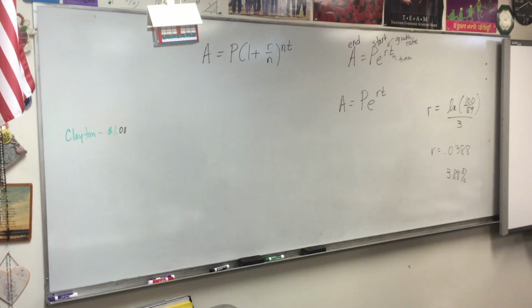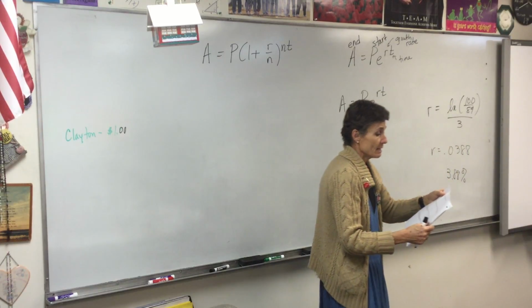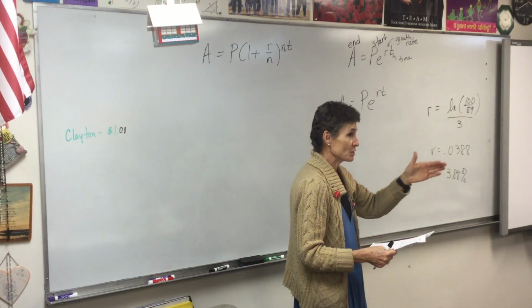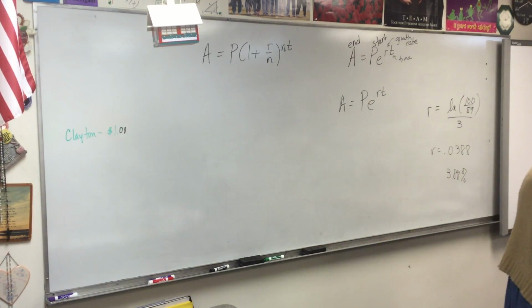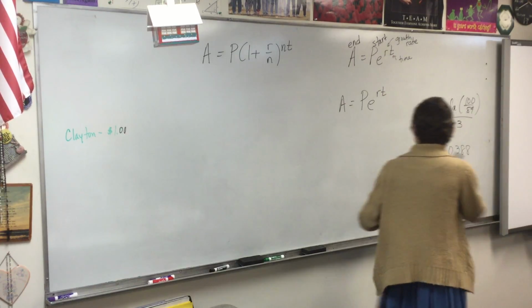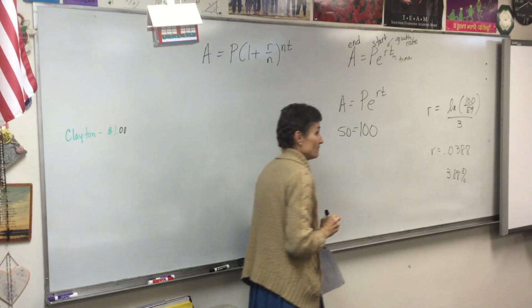Half of it decays. So in this case, now be careful. I don't know how much I'm starting with. Does it tell me, Mrs. Ford, you're starting with 100 grams? No. I have no idea how much I'm starting with, but it doesn't matter. Whatever I start with, I am going to end with exactly half of it. So if we want to start with 100 grams, we can, and we're going to end up with 50.